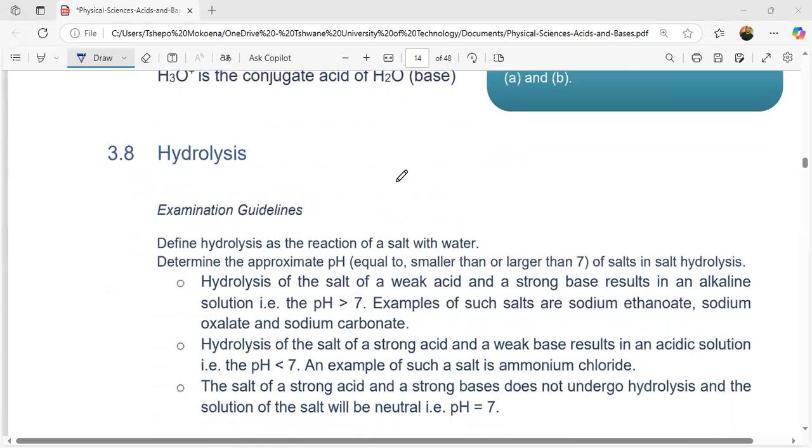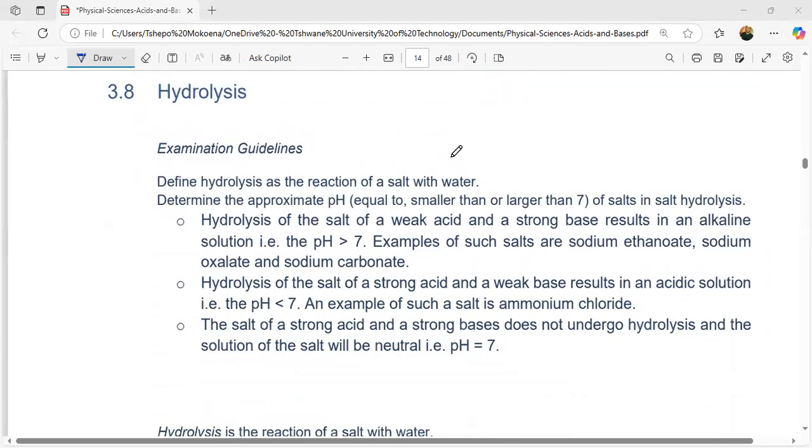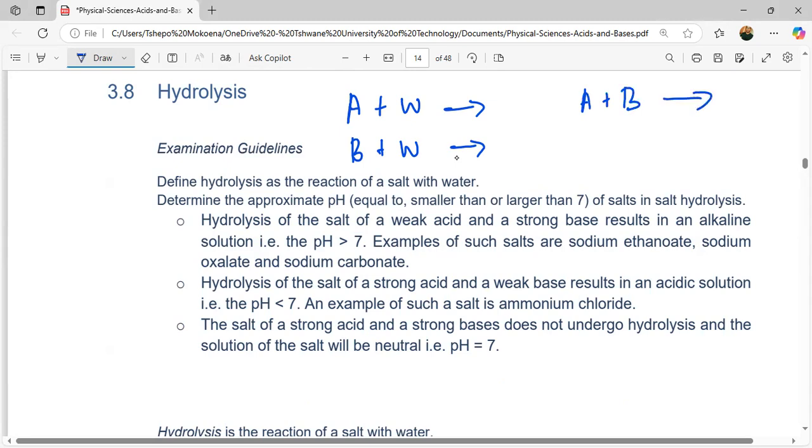Now we are going to talk about hydrolysis. My favorite part. I said to you, acid can react with water to form whatever. Base can react with water to form whatever. Now, acid and base can react together always to form salt. Sometimes water will also be there, sometimes carbon dioxide.